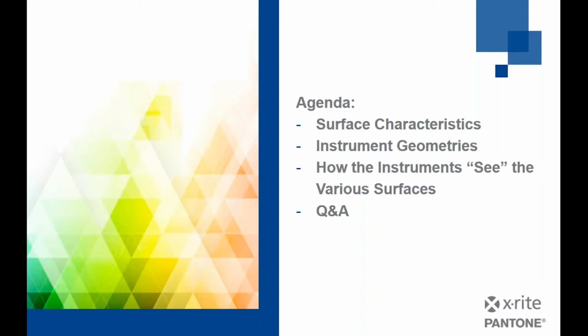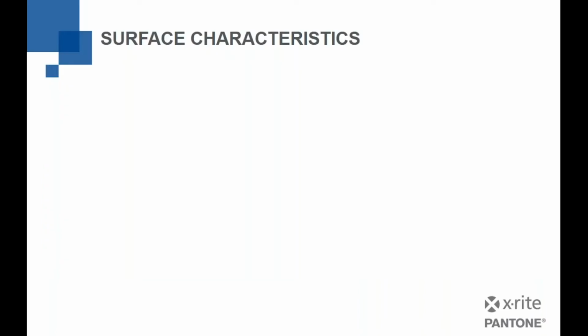Then we're going to talk about different instrument geometries, because the way that these instruments go about measuring these different surfaces has an impact on how well they can measure them, which leads us to our third point, how the instruments see or measure those various surfaces. And then, as Robert said, based on any questions you all may have, we will answer those at the end.